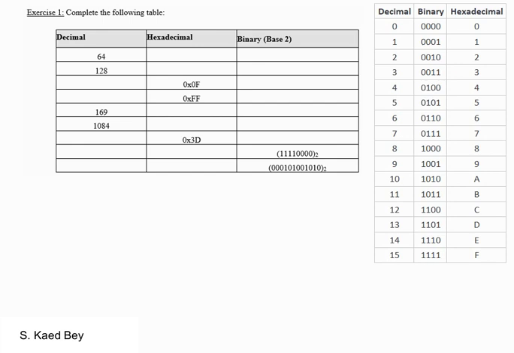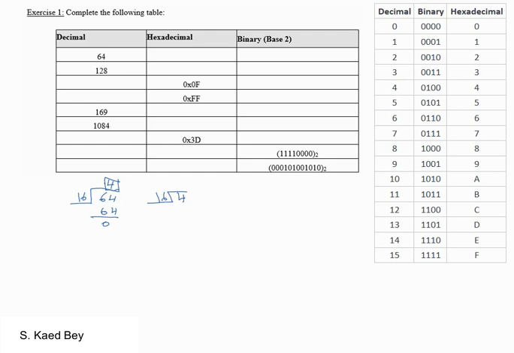So, 64, we divide this by 16. Here the answer is 4, and the first remainder is 0. Then we take the 4 again and divide it by 16.